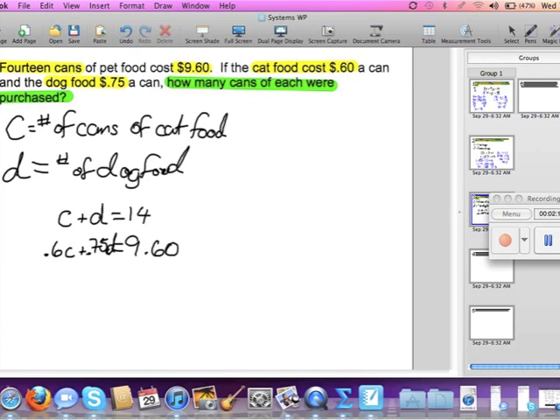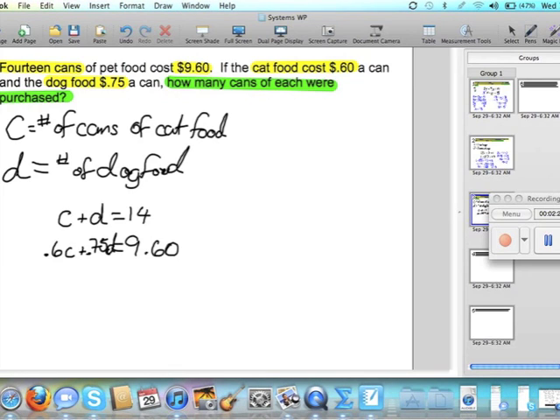From here, since I have coefficients of 1 on C and D up here on the first equation, I'm going to use substitution. I'm going to rewrite my first equation as C equals 14 minus D, and plug that into my second equation.